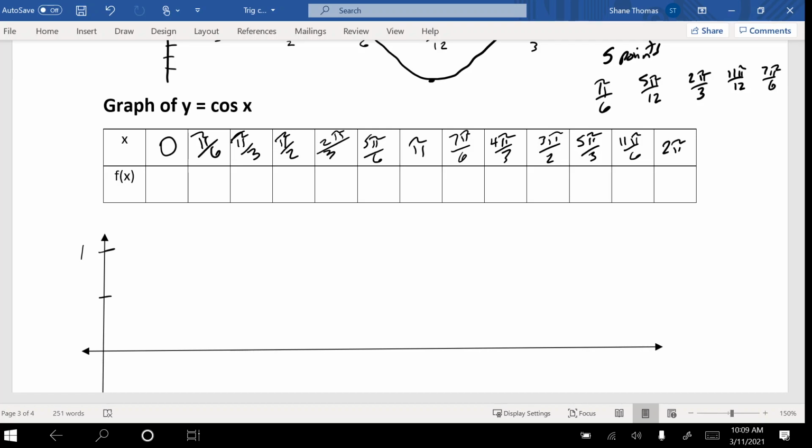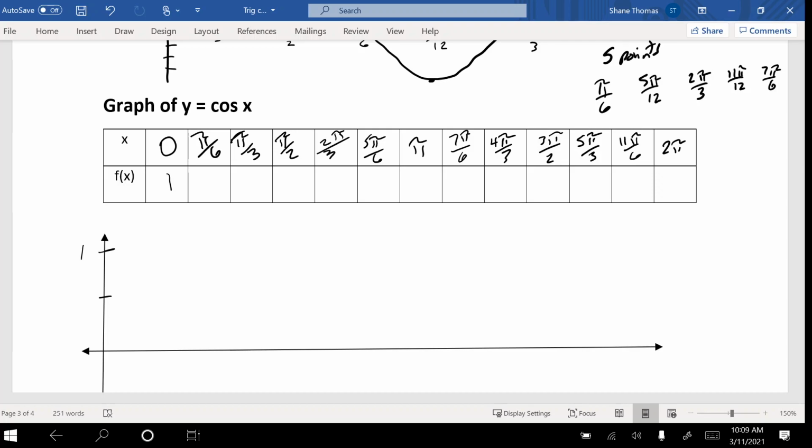At 0, remember I said sine starts at the x-axis, so every other point was 0, right? 0, 0, 0 for points 1, 3, and 5. Cosine is slightly different. It's going to start at either the max or the min. So in this case, for a positive cosine with amplitude of 1, it starts at 1.